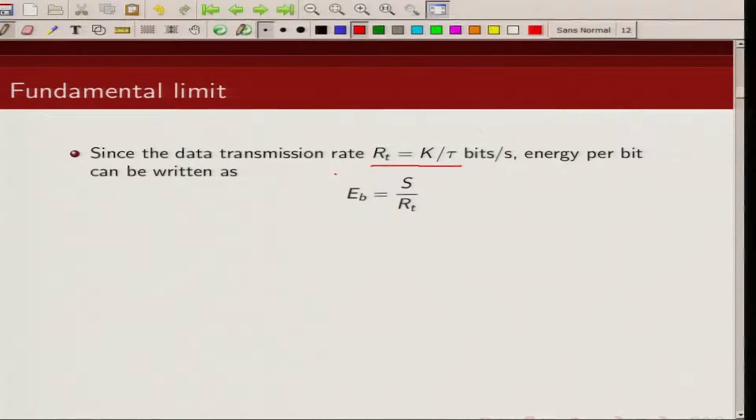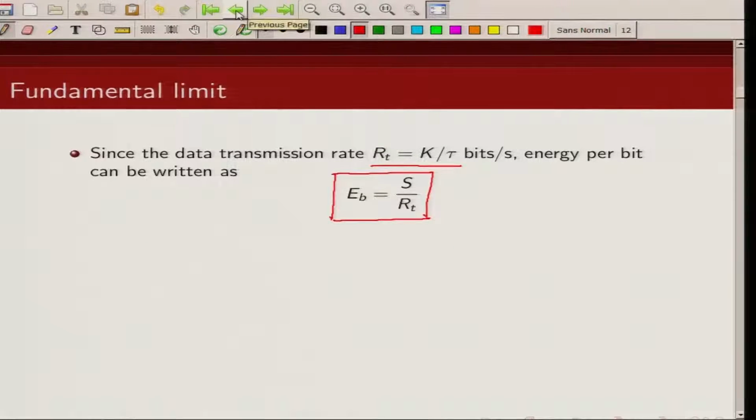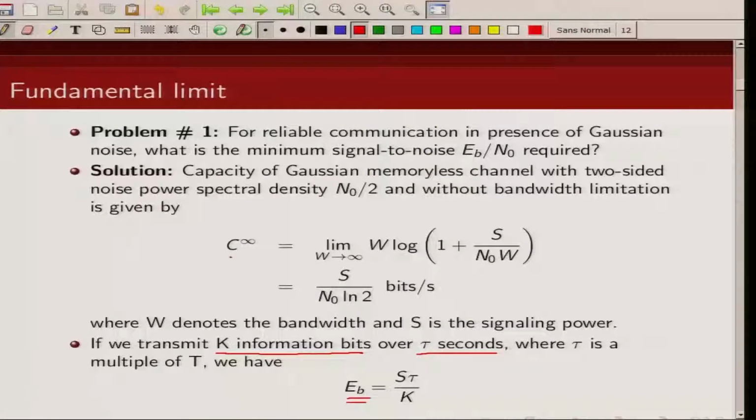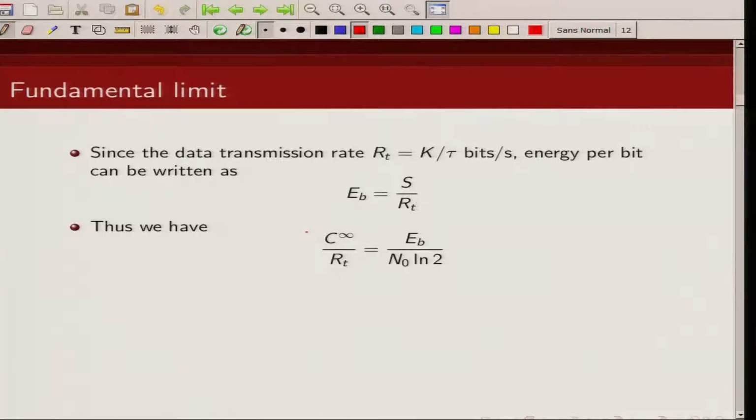So, we can write energy per bit in terms of signaling power and transmission rate R of t. If we divide our expression for channel capacity by R of t, we get this expression.